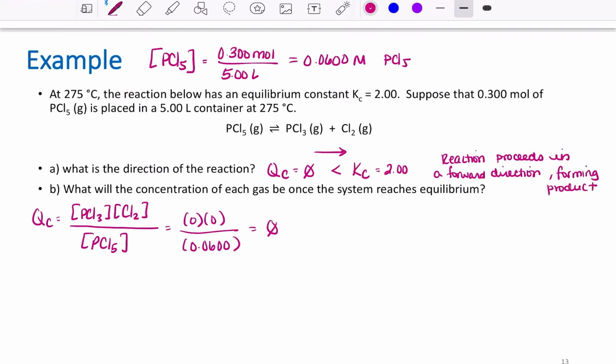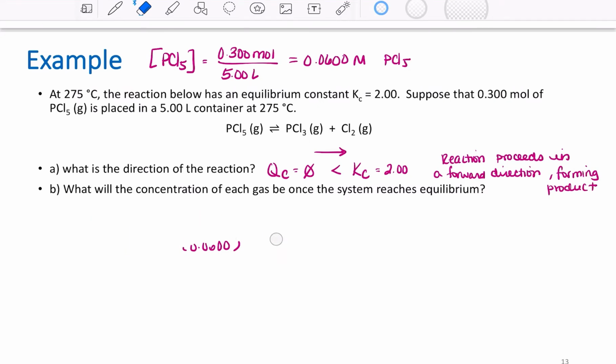What about the second part of the question? What will the concentration of each gas be once the system reaches equilibrium? In order to do that, you need to set up an ICE table. I'm going to erase the Q stuff down here for some space.